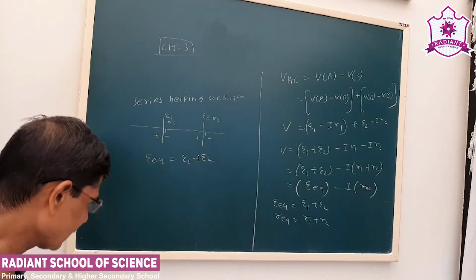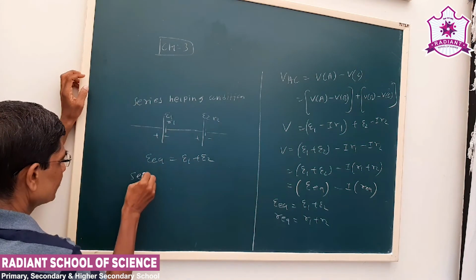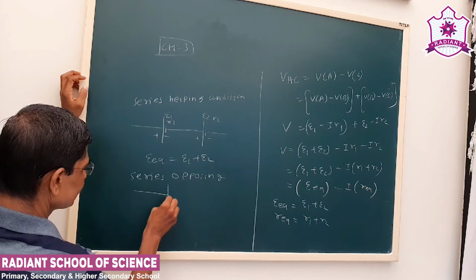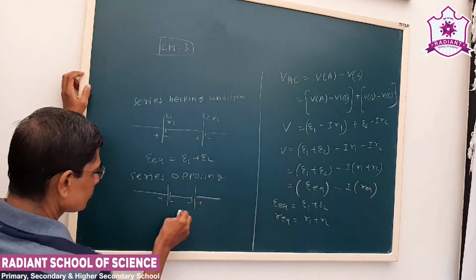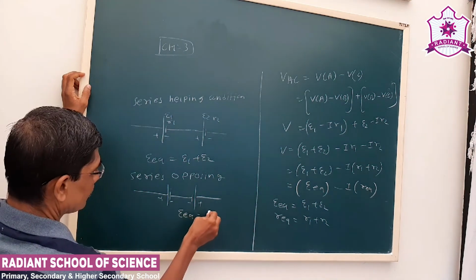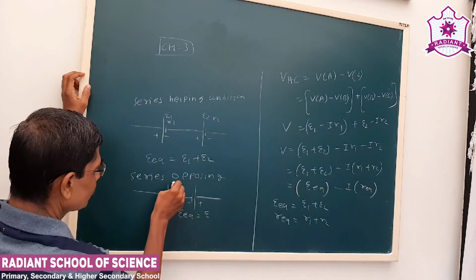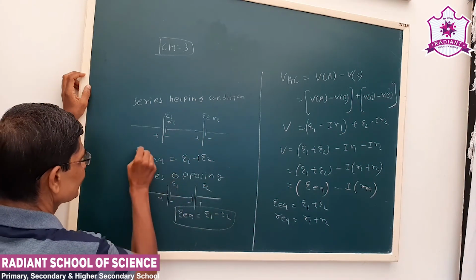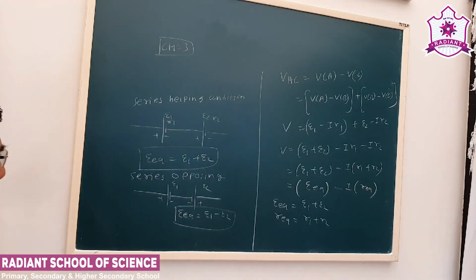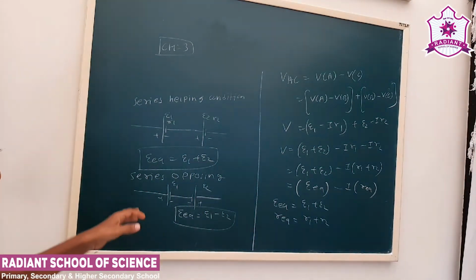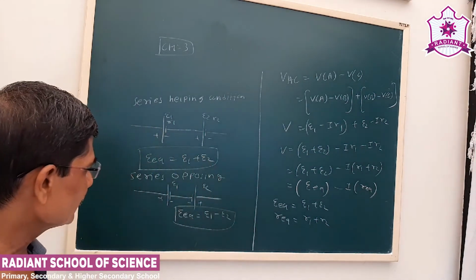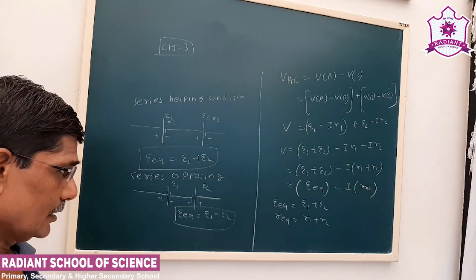Another condition is series opposing. So in the helping condition, the EMF will be added. In the opposing condition, the EMF will be subtracted. So this is about the series connection of the cells.